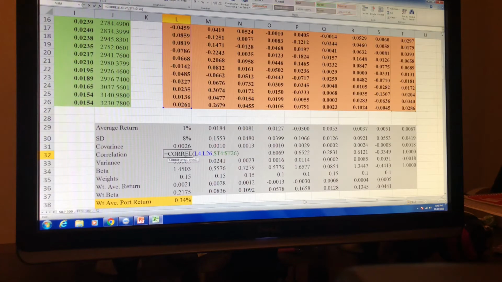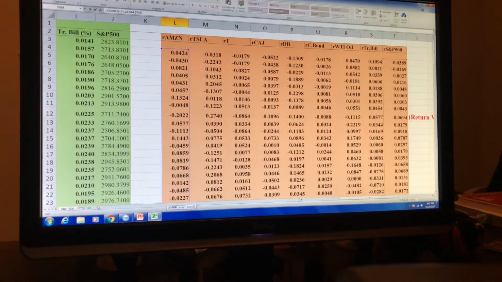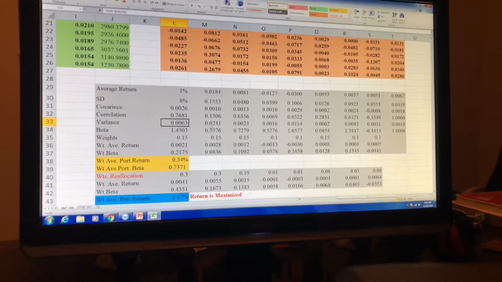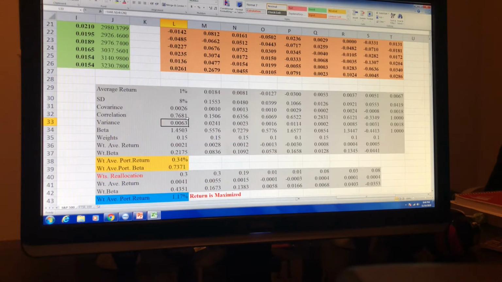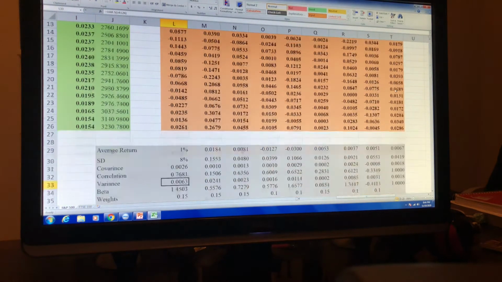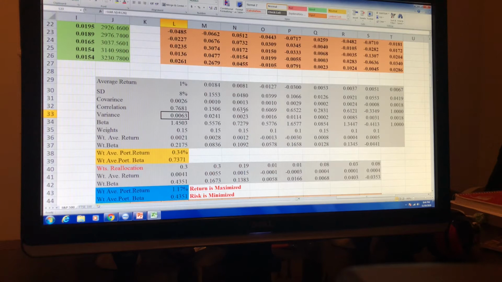And we compare the correlation to the S&P 500 for each one of these, from the T-bills to the Amazon stock right here. And we found that 76% of the time that the Amazon stock went up has a correlation with the S&P going up, and then 15%, 60.